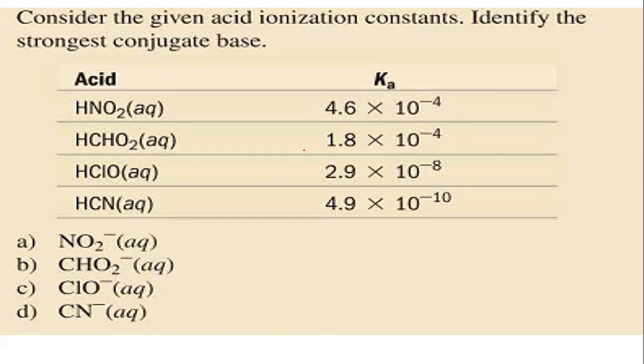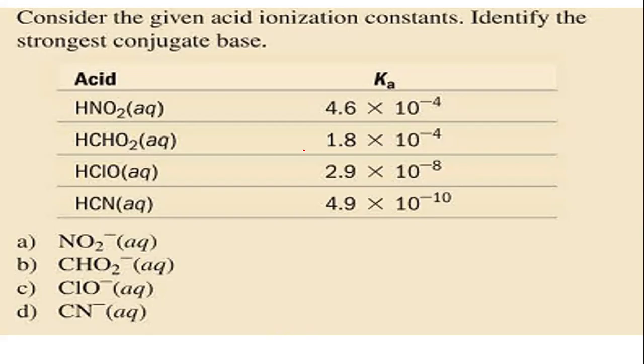Consider the given acid ionization constant. Identify the strongest acid. So we have talked about Ka already. Now, the question here is different because we want the strongest conjugate base. Now, which one will be the strongest conjugate base? There's a relation between the acid strength and the conjugate base strength.